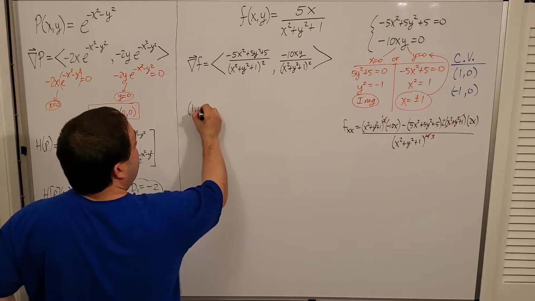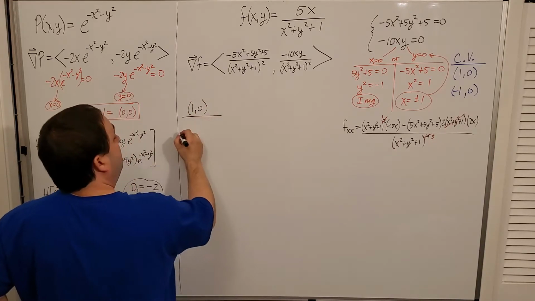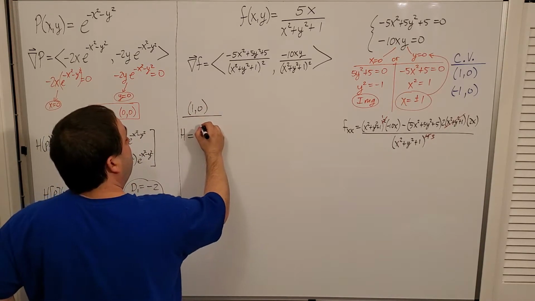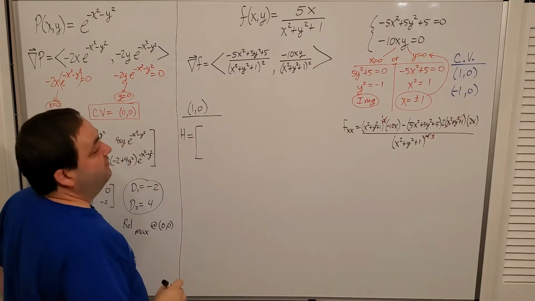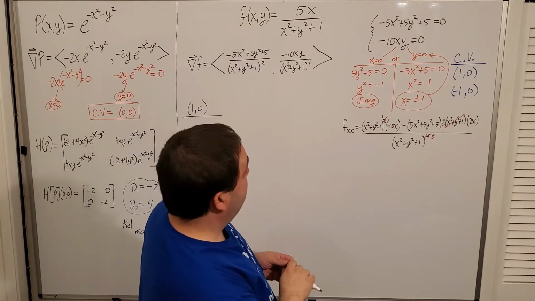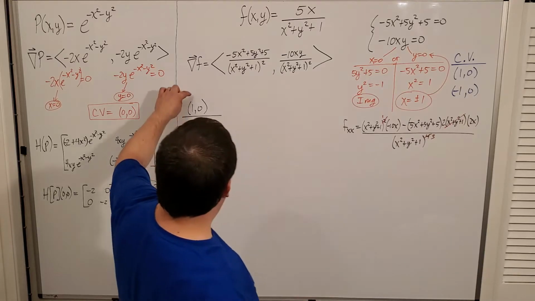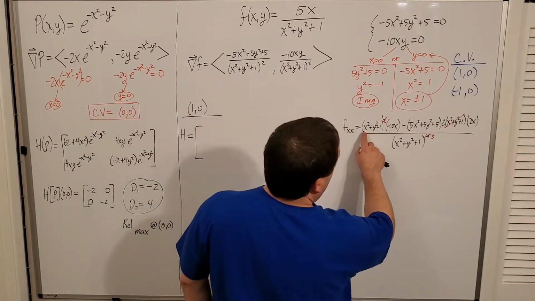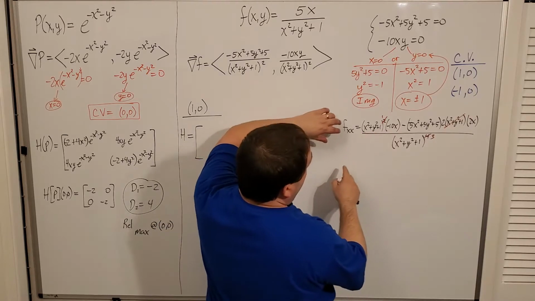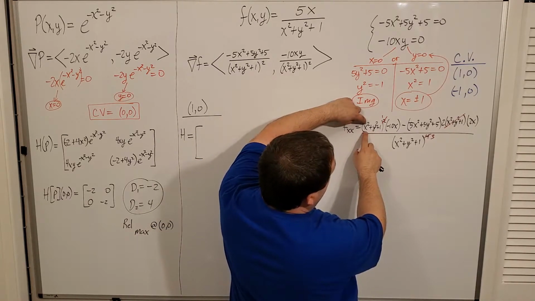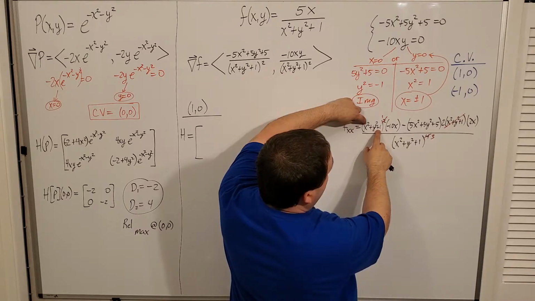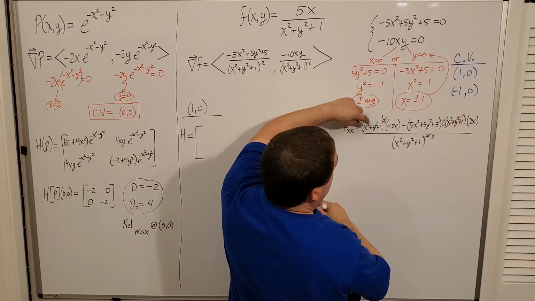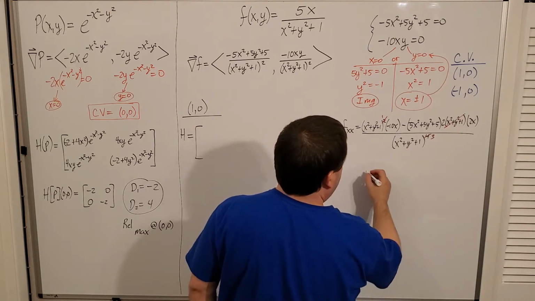At the point (1, 0), my Hessian is going to be equal to, and we're going to put some values in now. Okay, so x is 1, y is 0. So I've got 1 plus 1 is 2 times negative 10 is negative 20.